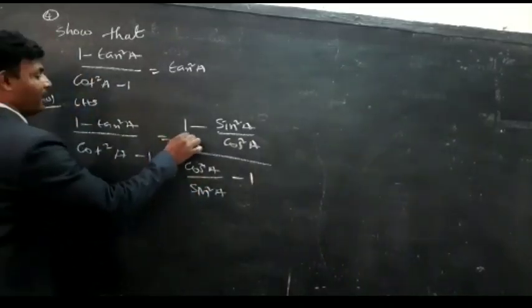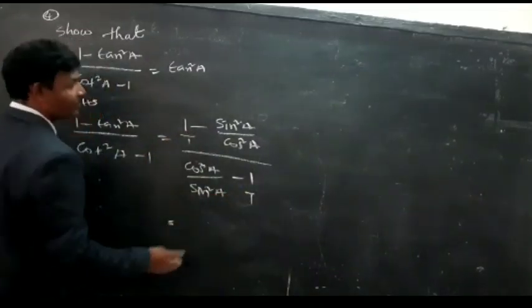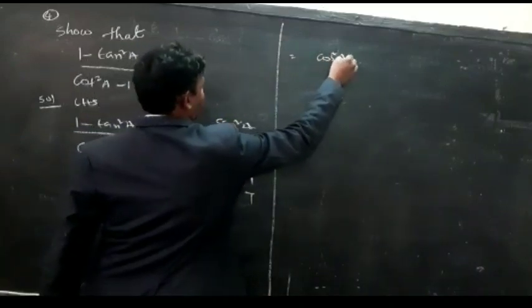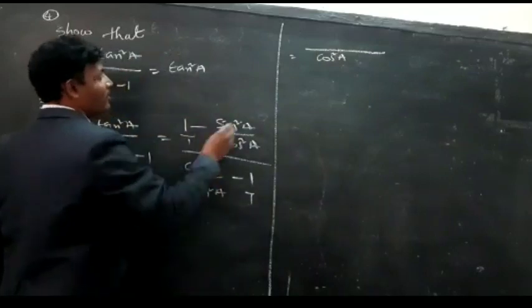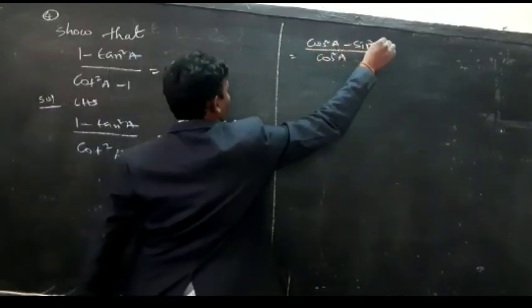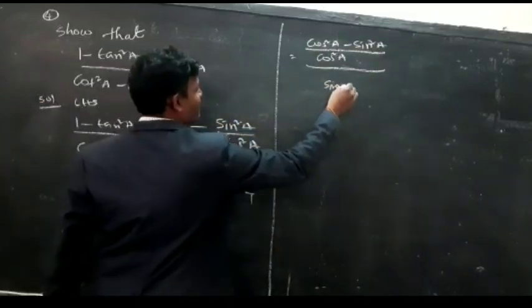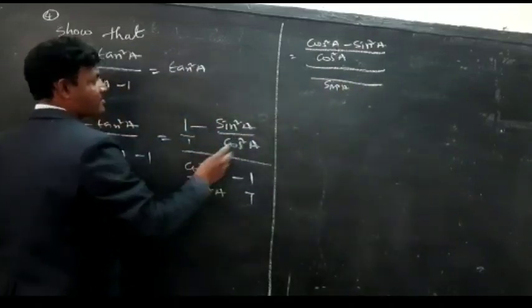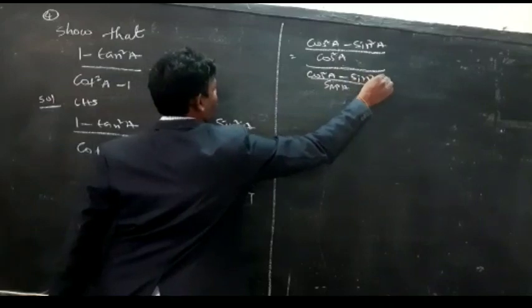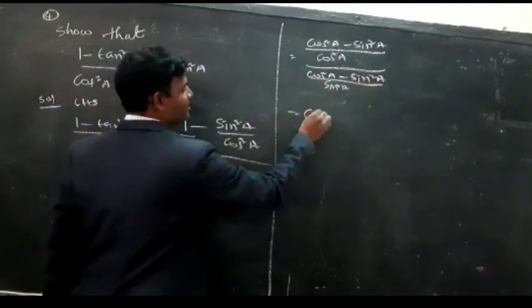After that I am taking LCM here. Here what is the LCM? Cos square A. What we can write here? Cos square A minus sin square A. Here also the LCM is sin square A, and we write cos square A minus sin square A. See, I am taking the reciprocal of the denominator.